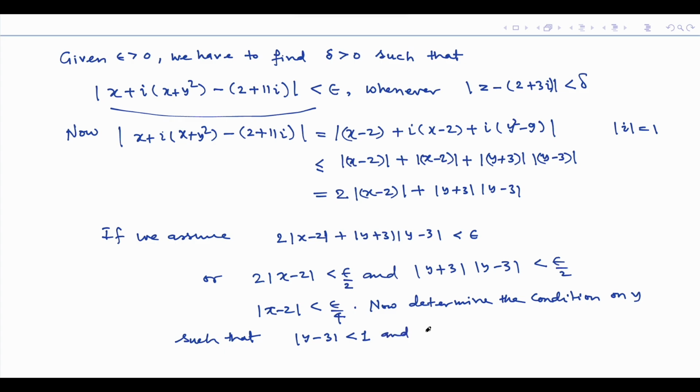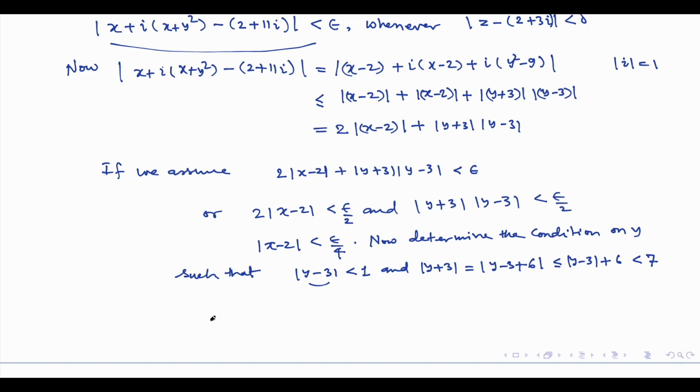And y plus 3 modulus can be written as y minus 3 and then plus 6. And using triangular inequality, mod y minus 3 plus modulus of 6 is 6. And y minus 3 is less than 1. So if we are replacing with 1, this quantity is less than 7, right? You got it.